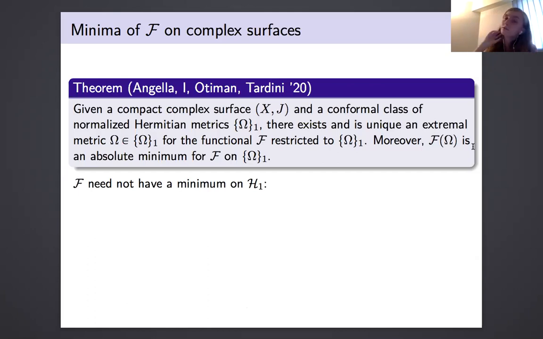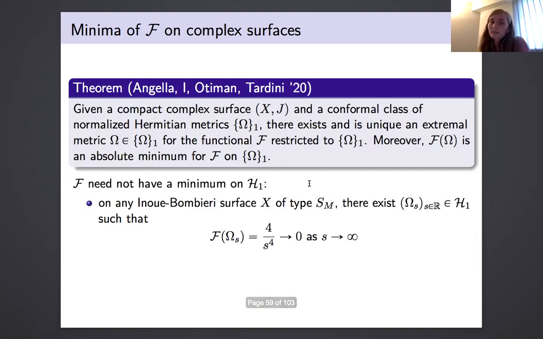So unlike the first functional, G, the critical points of F restricted to a conformal class will no longer be critical points of F on the whole space of Hermitian metrics. And this is because we constructed, in fact, a counterexample.